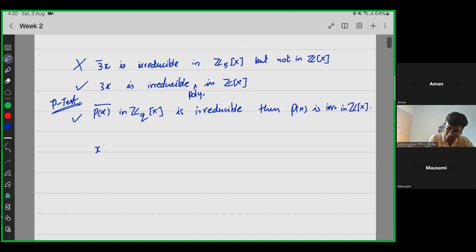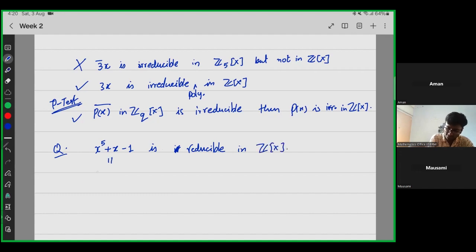If you remember, x^5 plus x minus 1 was some question, reducible. I gave you factors of this, reducible in Z[x].